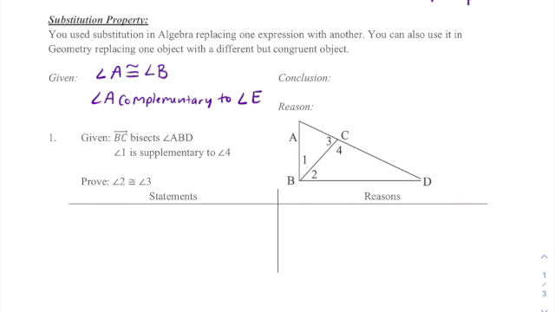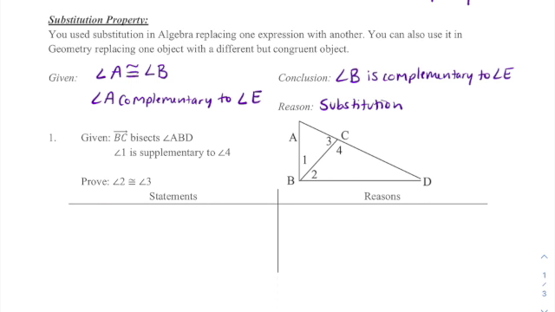So what this means is that I can make a new statement by substituting angle B in place of angle A here. That would mean angle B is also complementary to angle E, and this is by substitution. I am substituting angle B in place of angle A.